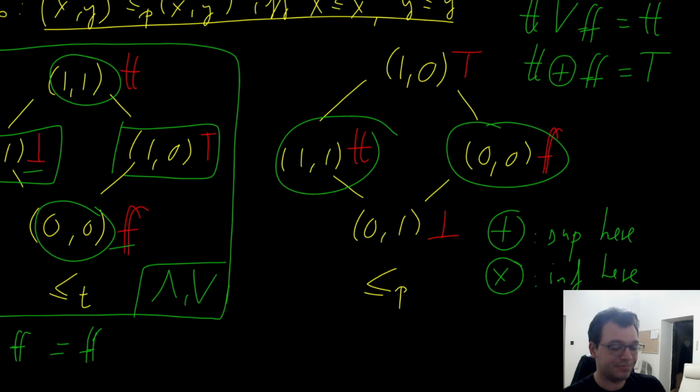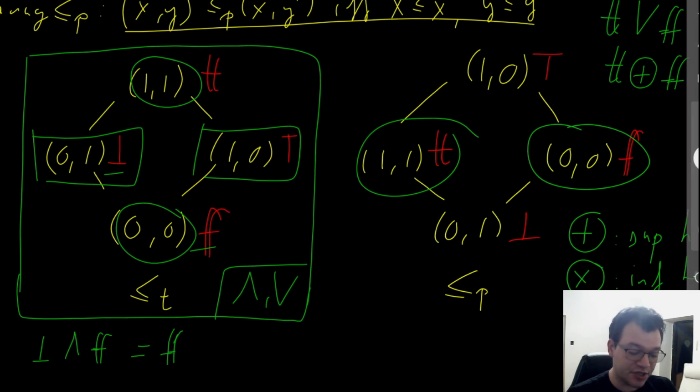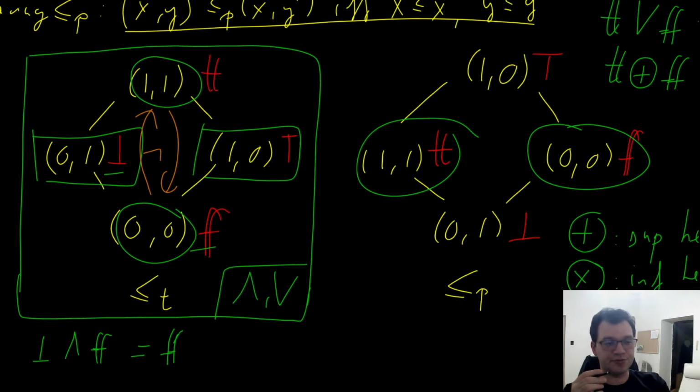Now, the question is how to handle negation. For negation, it's of course obvious that negation should make true to false and false to true. The question is, what should we do with the other two values?